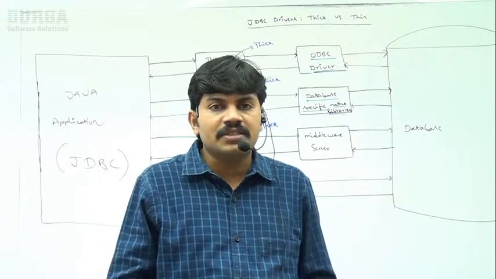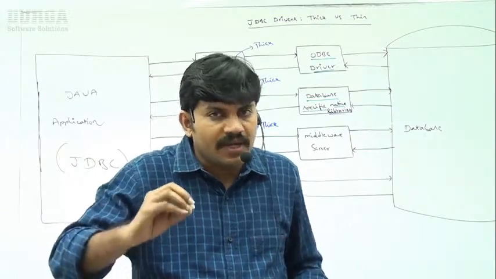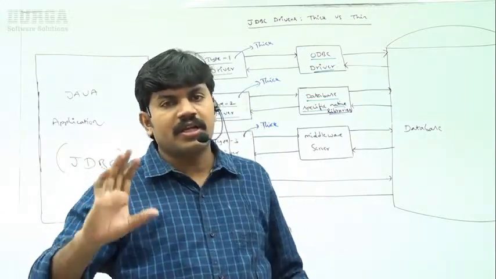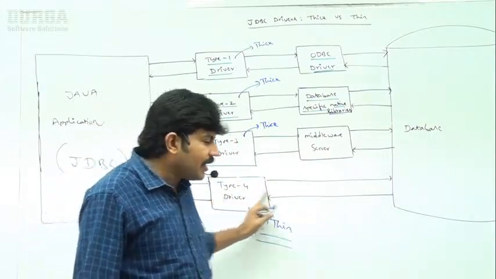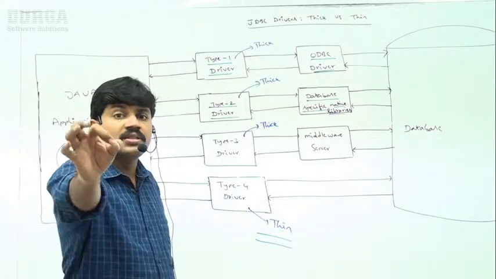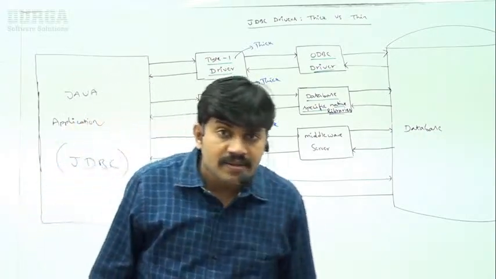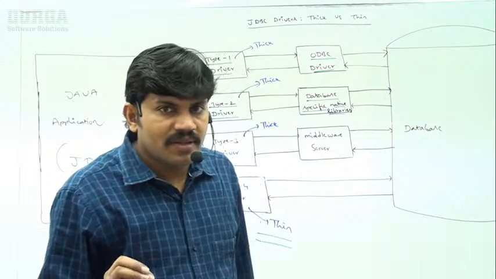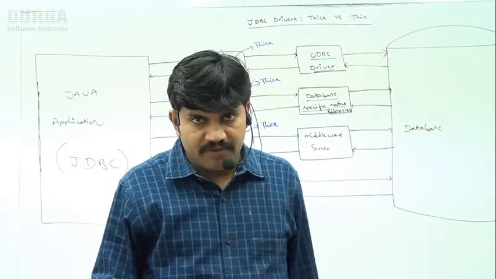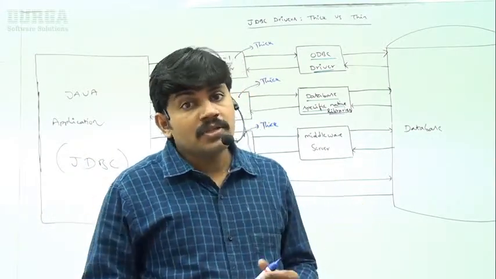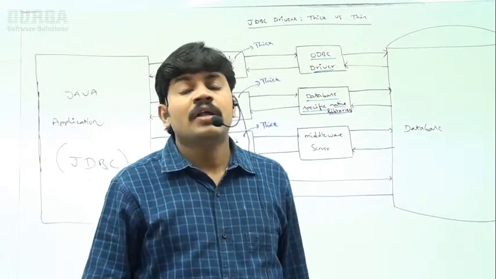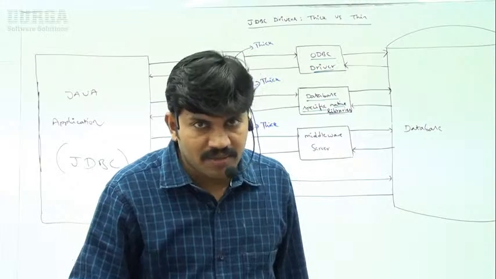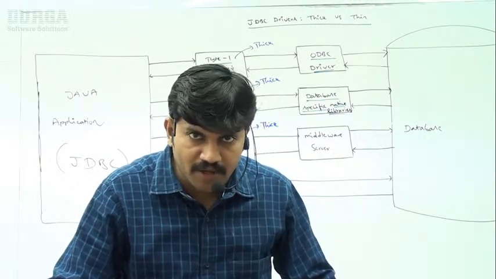If the driver software won't require any extra component, and the driver can directly communicate with the database, such types of drivers are called thin drivers. Example of a thin driver is type 4 driver. Clear, right? Maybe there is a chance to ask what is the difference between thick driver and thin driver, or which are thick drivers, which are thin drivers. I hope it's clear for all of you, right? That's all.